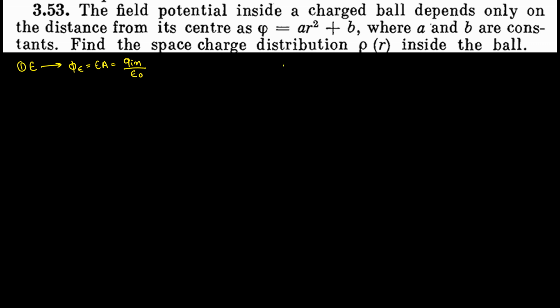Radial vector means, suppose this is the coordinate system. If you draw a sphere, r can be any vector pointing towards any point on the sphere where the magnitude of the radius is given by R. Understood?